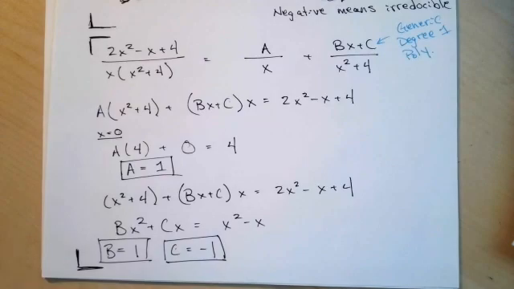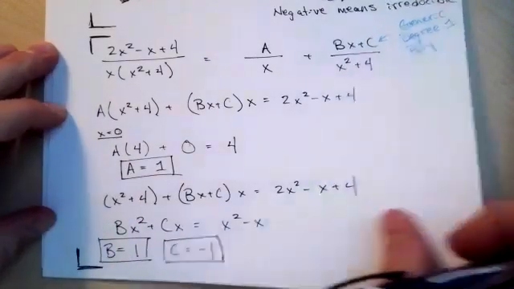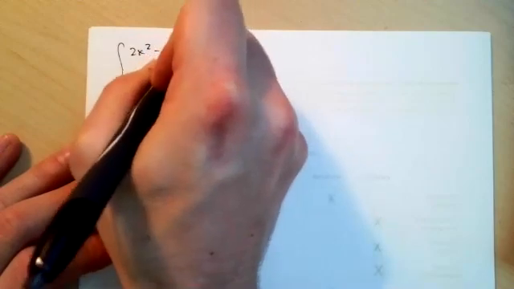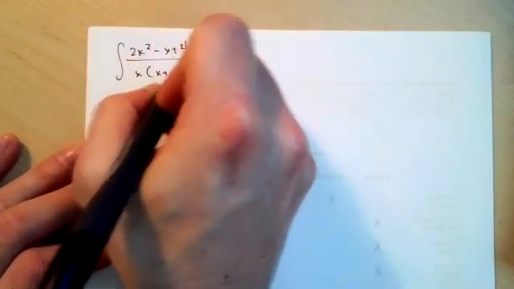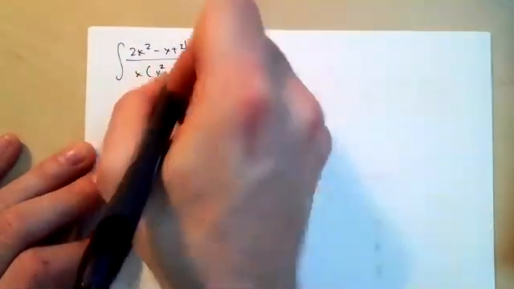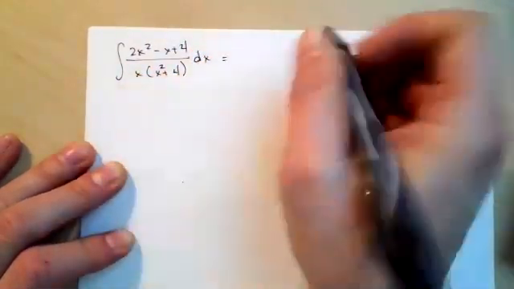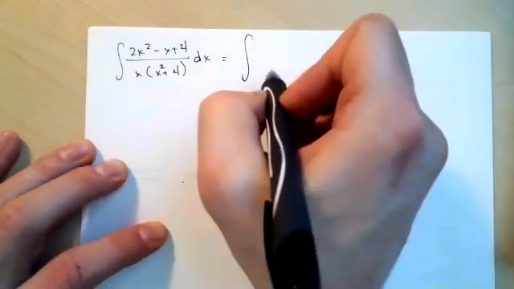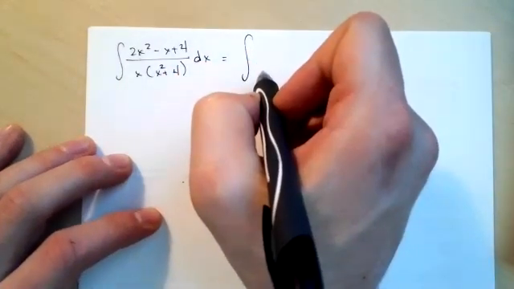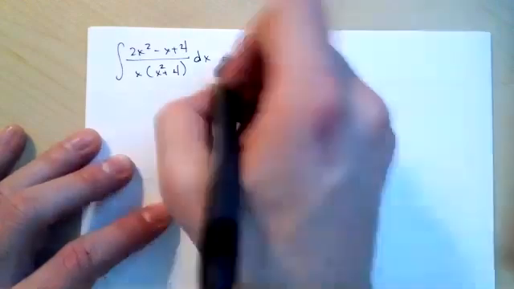So we've got all our constants. Now we just plug them in and rewrite it. So let's see what we got. We were doing the integral of 2x squared minus x plus 4 over x times x squared plus 4, which is equal to now the integral, our a constant was 1.